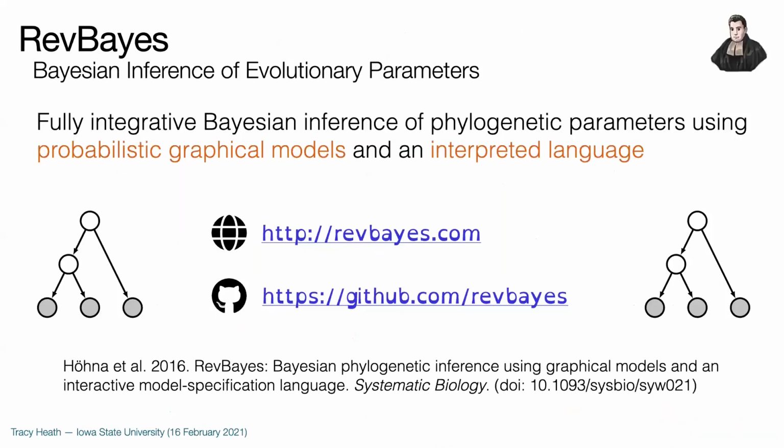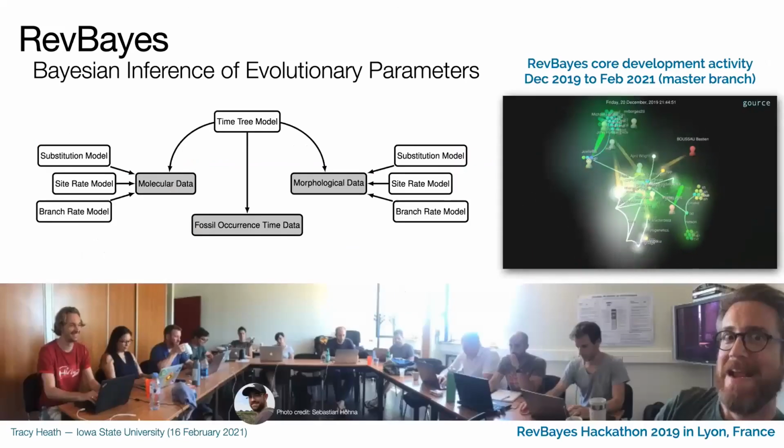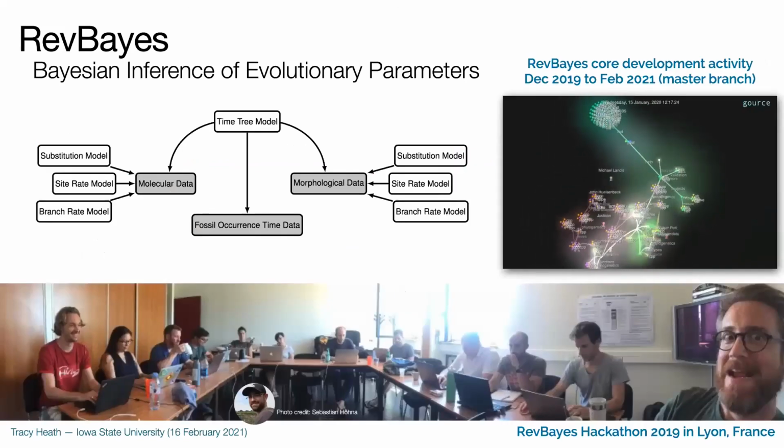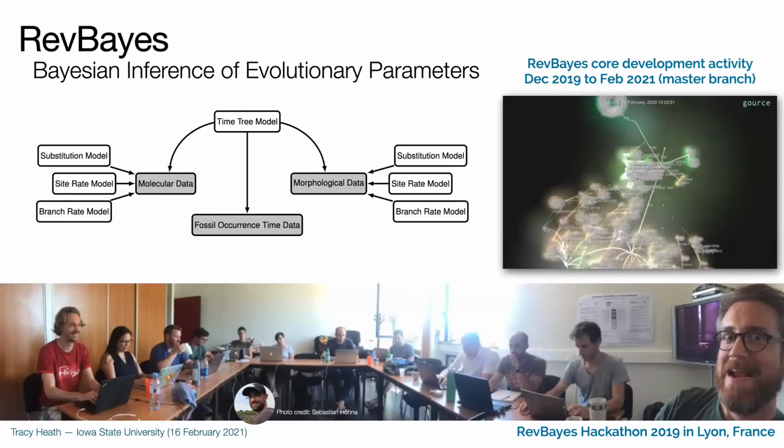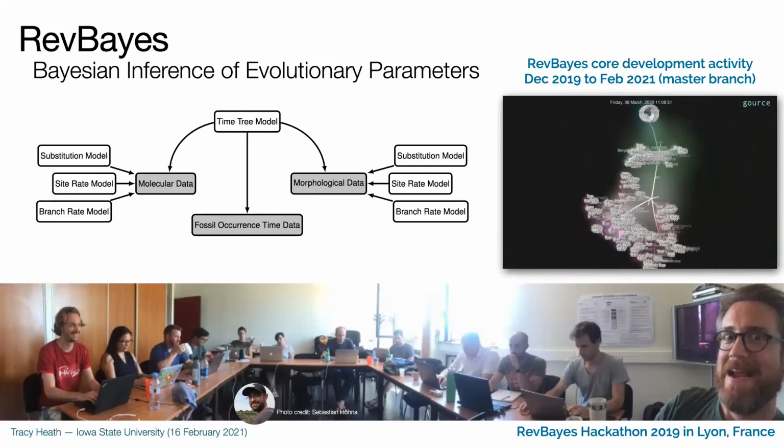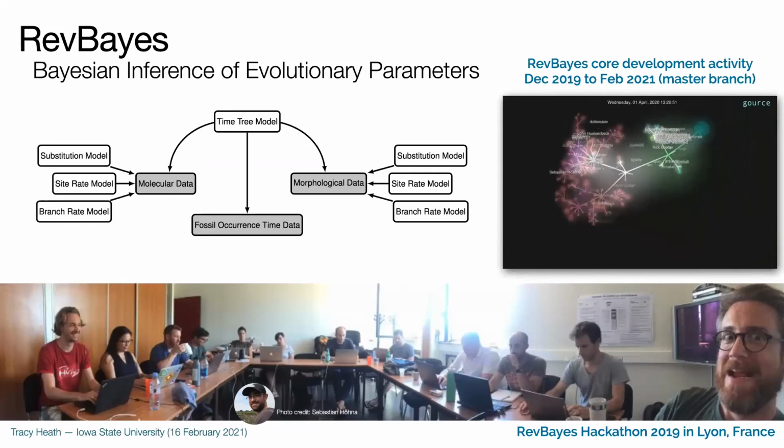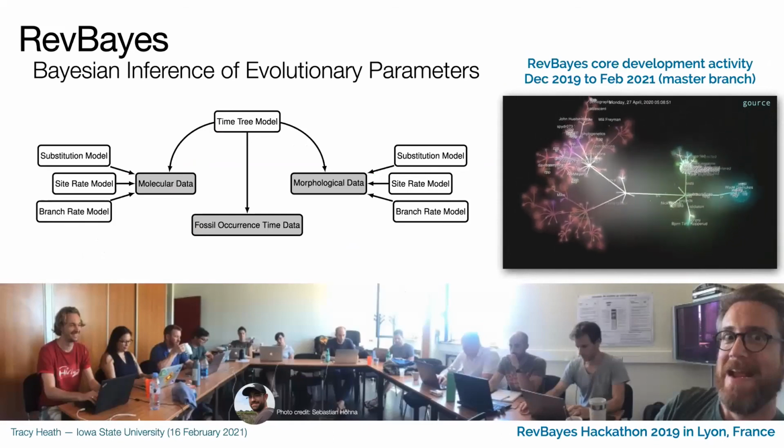All of the methods that I've described today are currently available in the program RevBayes, which I think many of you have heard a lot about yesterday and today. RevBayes is a really rich project that's currently ongoing, with lots of development. This is just an animation of our Git repository recently.